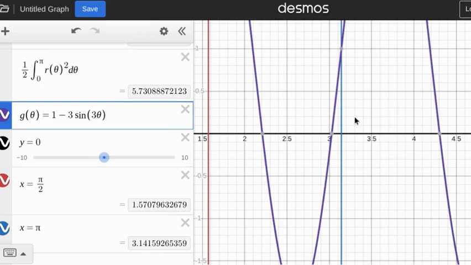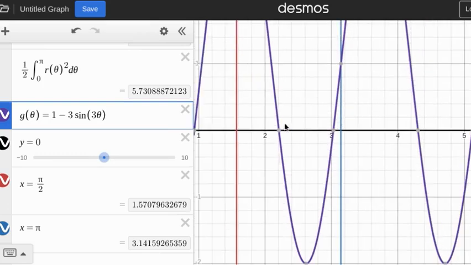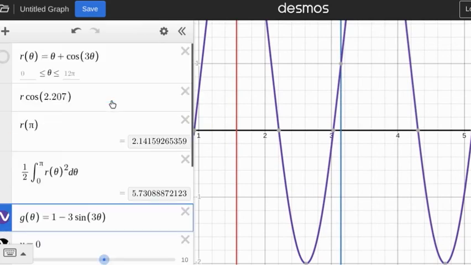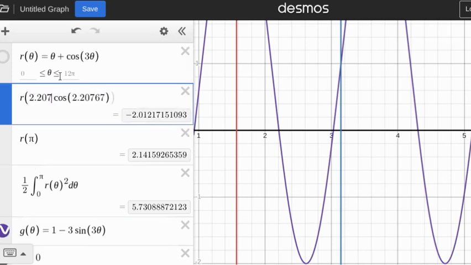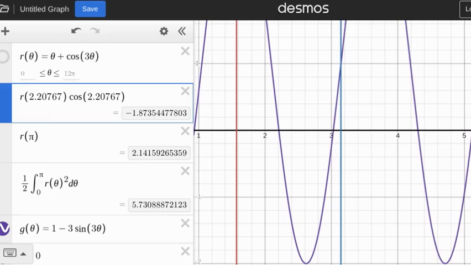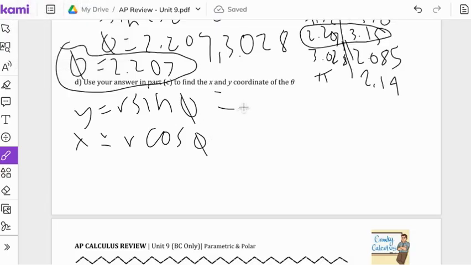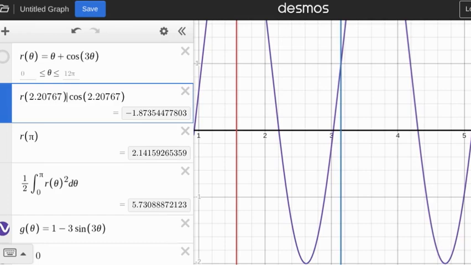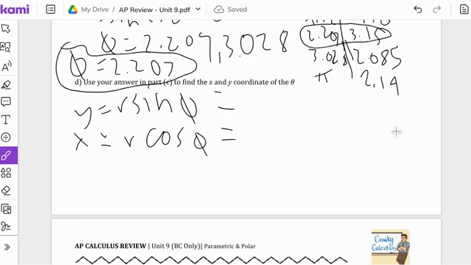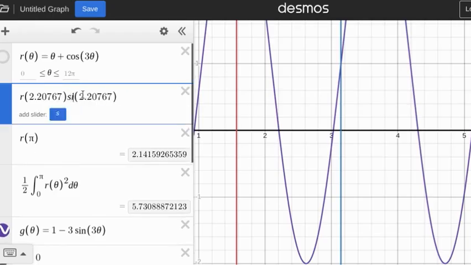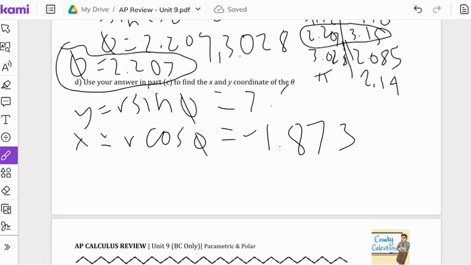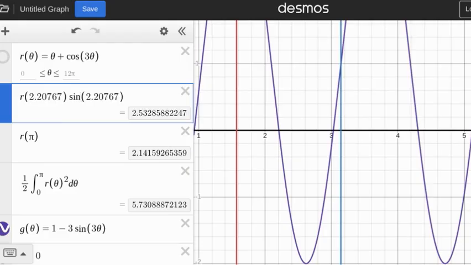This was equal to 0 at 2.20767. So the x value would be negative 1.873, and then the y value would be 2.532.